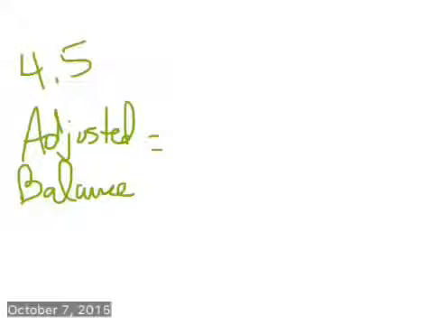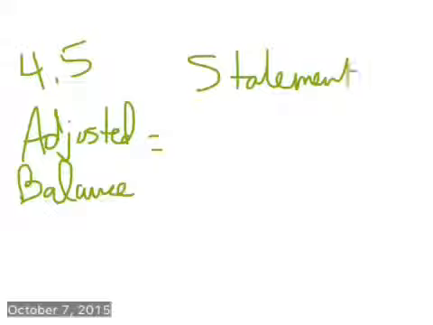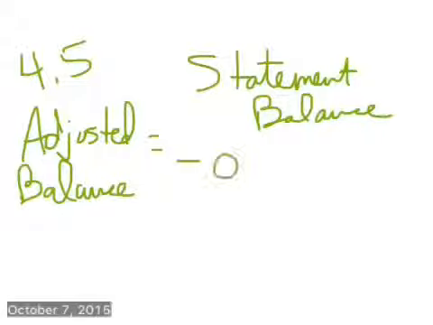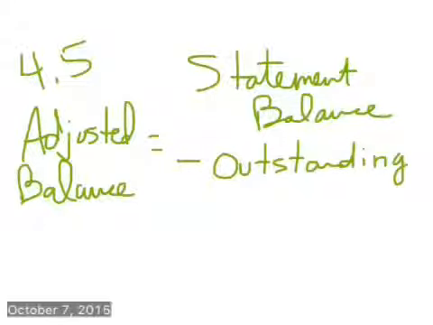The formula says the adjusted balance is going to be equal to your statement balance minus any outstanding checks. Now, just so that you guys are aware of it, outstanding checks does not mean that they're so wonderful that they're outstanding, like you guys did on your homework yesterday, it was outstanding.